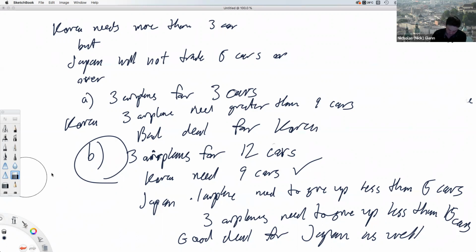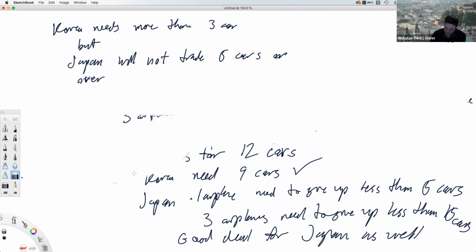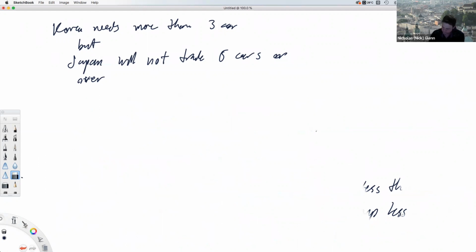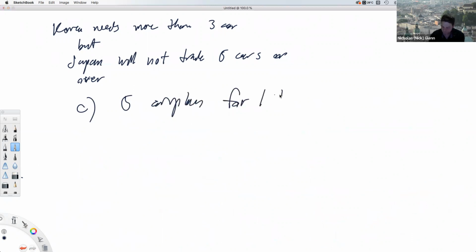Okay. So what's C? C is 5 airplanes for 12 cars. So Korea would be producing 5 airplanes to get 12 cars from Japan.